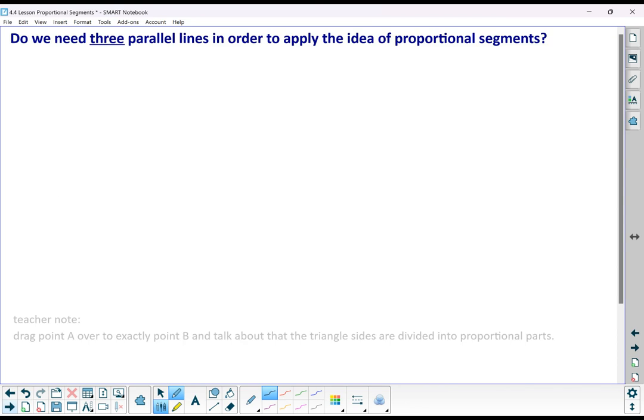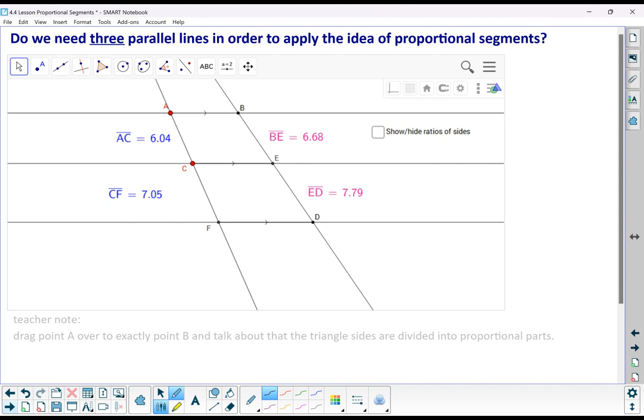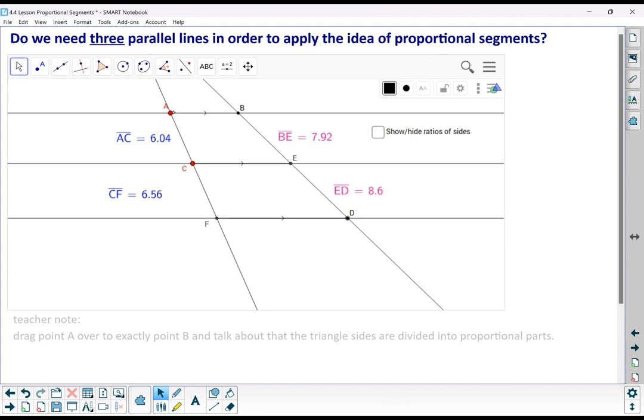Do we need 3 parallel lines in order to apply the idea of proportional segments? Well, think about the case where A and B get closer and closer to each other until maybe they are exactly the same point.